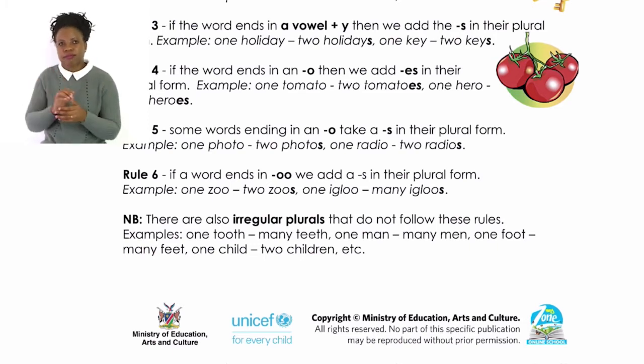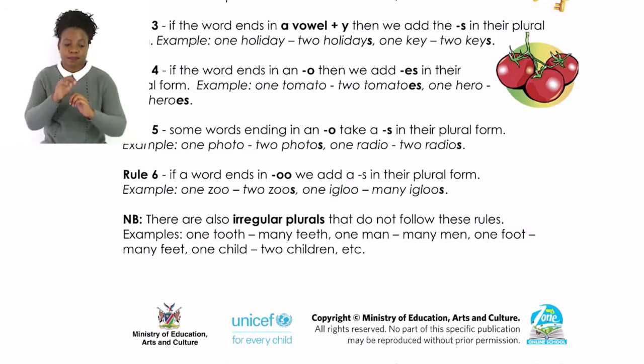Rule number 6. If a word ends in double O, we add an S in the plural form.